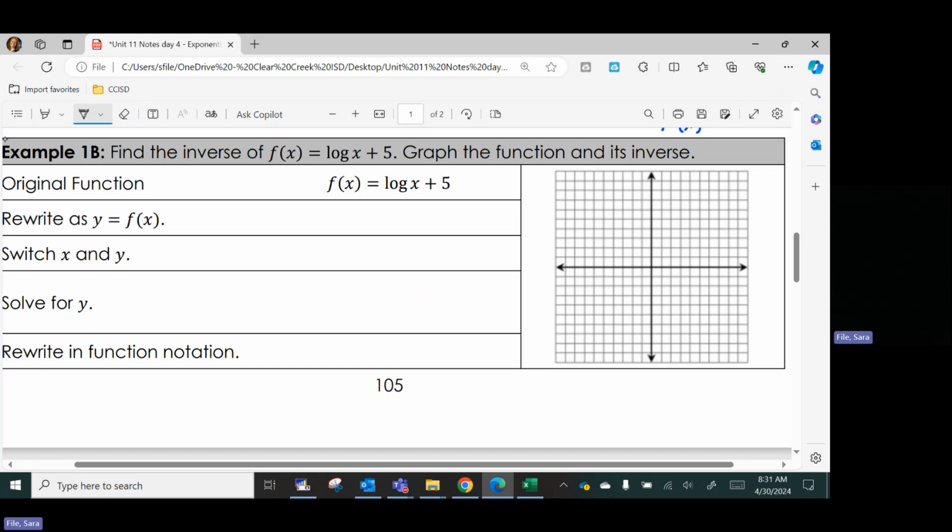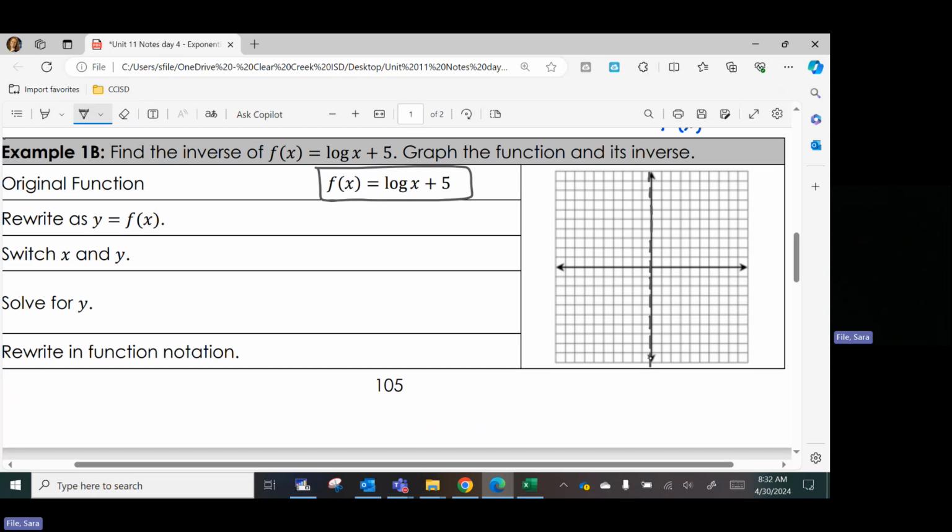So actually, I'm going to go ahead and graph. I have to graph both anyway. I'm going to go ahead and graph this original function in gray over here. So our log function shifted up 5. Now that means my vertical asymptote hasn't moved. It's still at 0 because shifting up and down does not move a vertical asymptote.